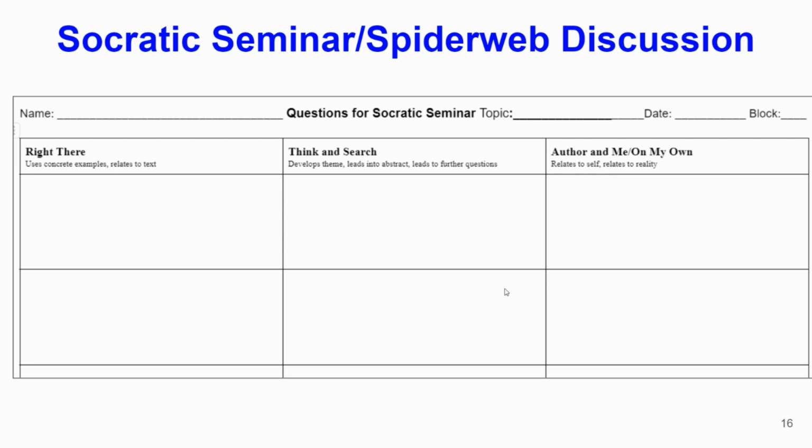In this particular one, it's written for an ELA class. It could be anywhere between 5th and 9th or 10th grade. And students could write their question, a think and search question, and an author and me question, or maybe an on my own. And that would support inference, which is a tough area for all of us. So that's both a big focus for ELA and it's the scaffold for executive function.